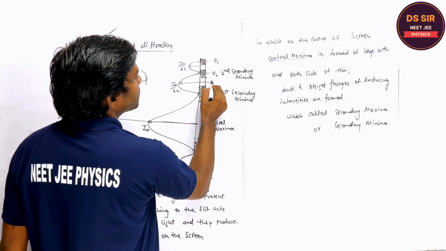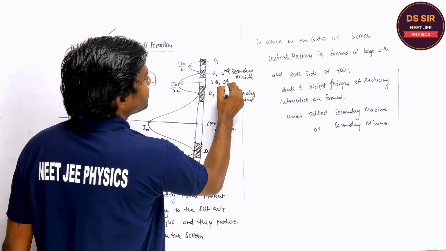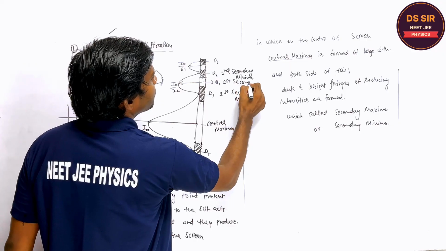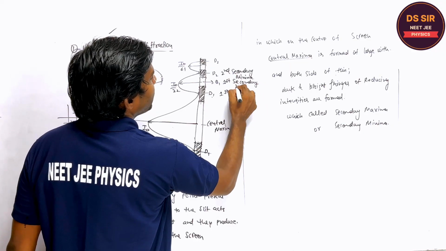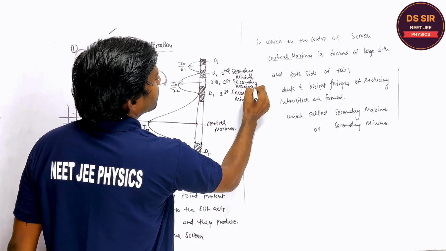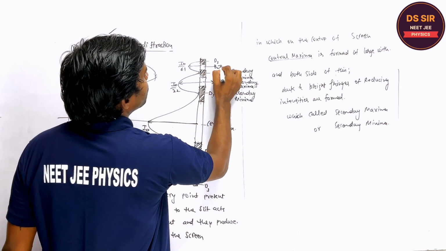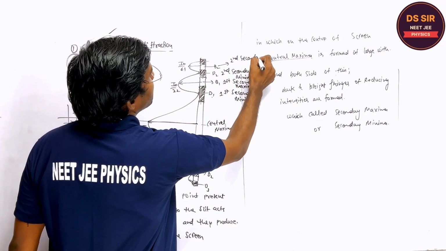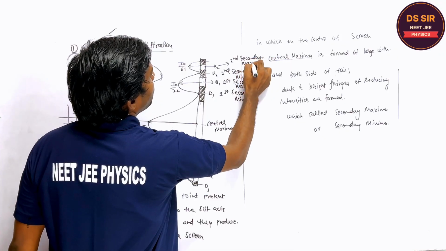And this is B1, the first secondary maxima. Is it clear? This is B2, secondary maxima.